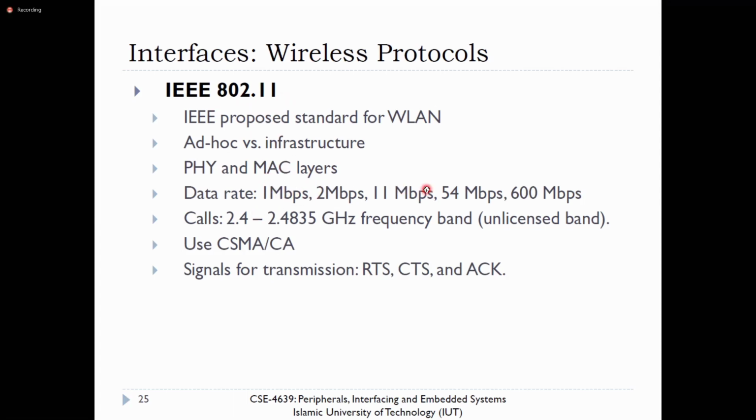But nowadays, with a variety of technological advancements like MIMO or 5G connectivity, we are achieving 600 Mbps, even more than that. The most important thing is that we are allowed to use the unlicensed band. We don't need to pay anyone or the government for using this standard or this sort of Wi-Fi connectivity. And the medium access technique we are using is based on CSMA, carrier sense multiple access with collision avoidance.